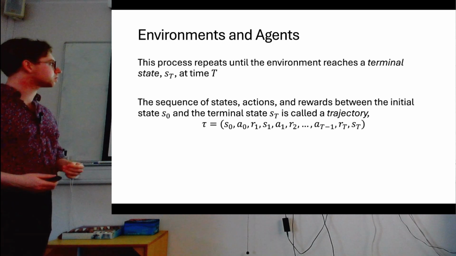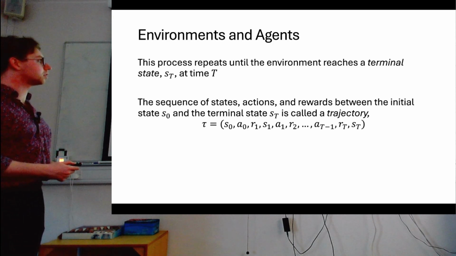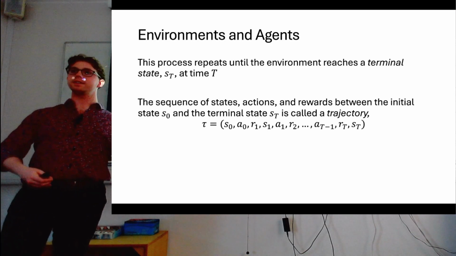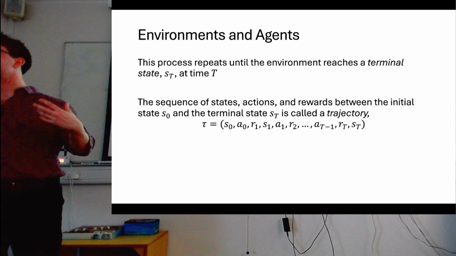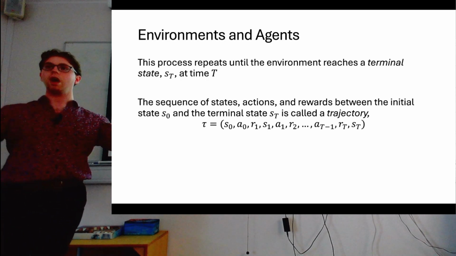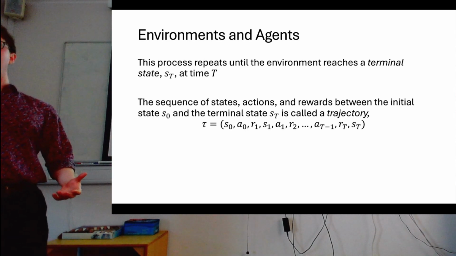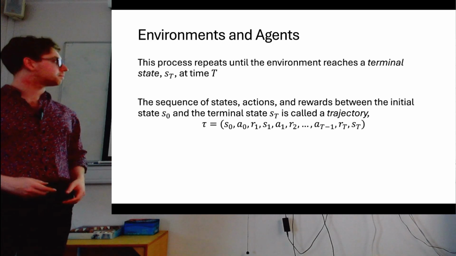This is another important terminology to know. So a trajectory is just this long sequence of states, actions, rewards, states, actions, rewards. And it describes the holistic interaction between the agent and the environment over many, many time steps.